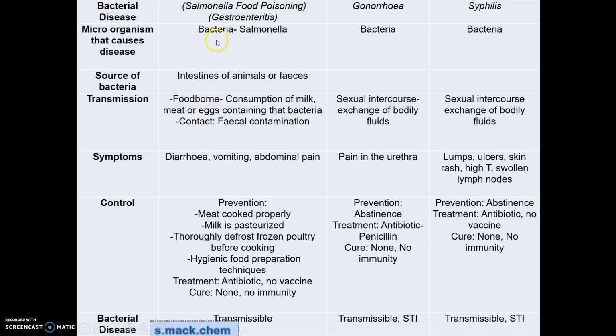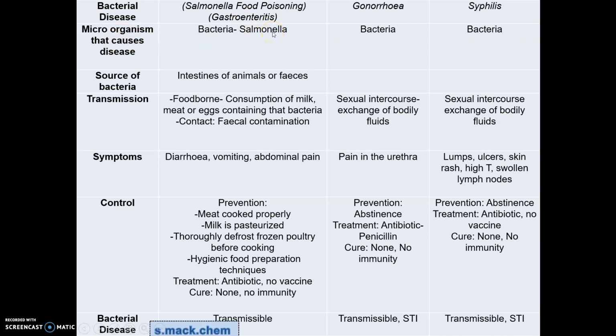Now let's talk about Salmonellosis, referred to as Salmonella food poisoning or gastroenteritis. You may have had this disease at one point in your life, and I'm going to explain to you what happened when you did. The microorganism that causes the disease is called Salmonella.